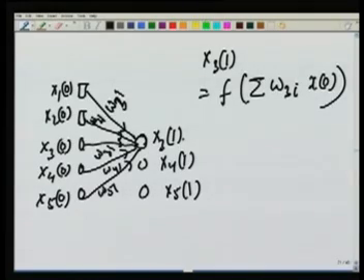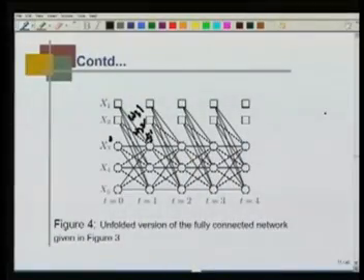Based on that, we found the connection between x3 1 and these initial states in the previous instant. Similarly, x4 1, x5 1, and that way we can roll this network over time.